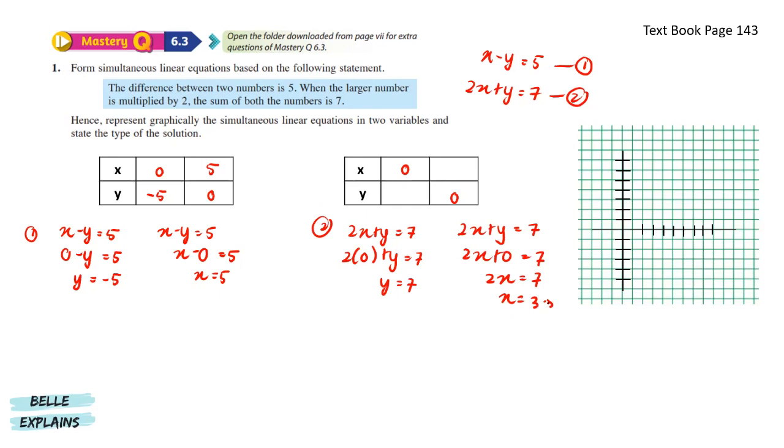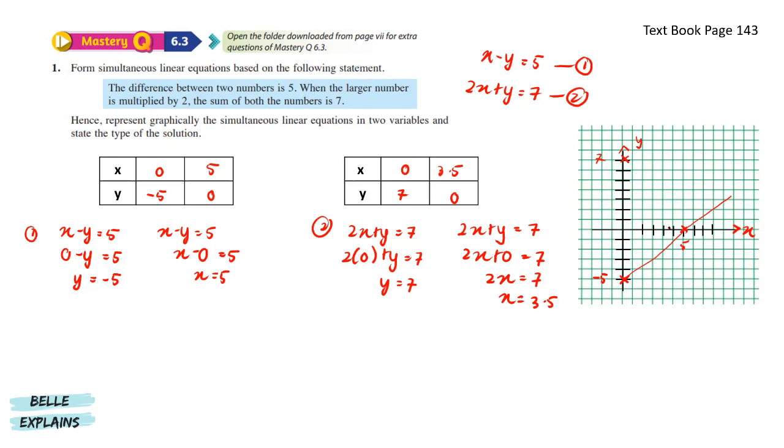So now we can plot the points on the graph. For equation 1, when x equals 0, y equals negative 5. And when y equals 0, x equals 5. Let's connect that with a line. For equation 2, when x equals 0, y equals 7.